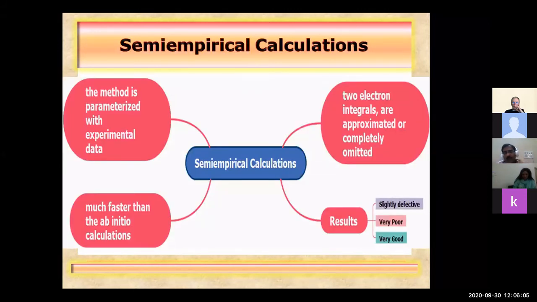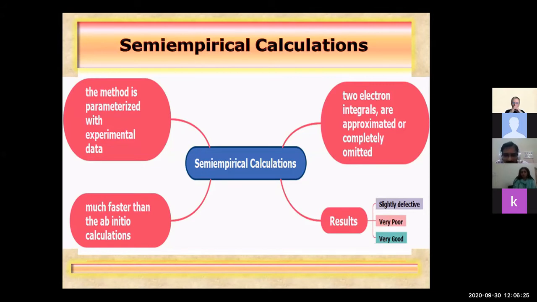Right. Now there is another set of calculations called semi-empirical calculations. Let us have a look at these. Semi-empirical calculations are set up with the same general structure as a Hartree-Fock calculation, that means a wave function, the Hamiltonian, and so on.